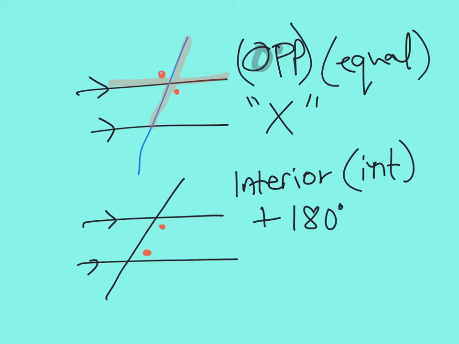The way that I could show you is, I'm going to use the highlighter for a second. If I move this line up to match with the other line, I'm sliding this bottom line to sit directly on top of that top line, so the parallel ones, and that means that this angle is going to sit right up here.